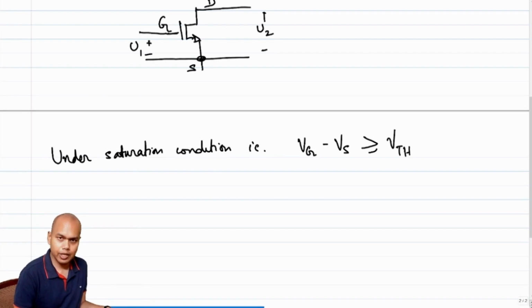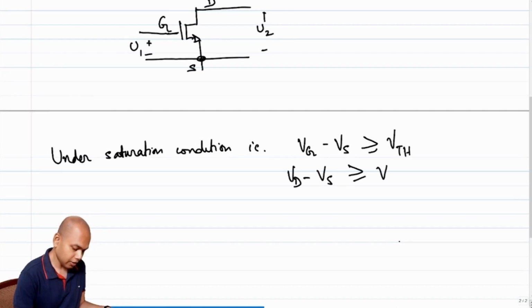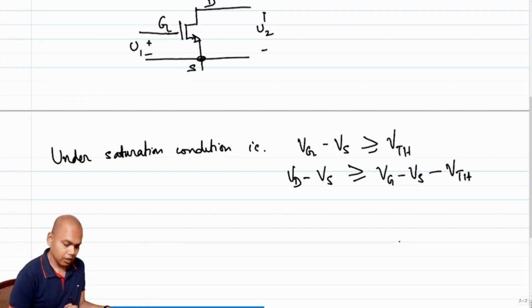This threshold voltage VTH will be given to us. And under saturation, that is VGS should be greater than VTH, we need to satisfy another condition, that is VD minus VS should be greater than VG minus VS minus threshold voltage, right?